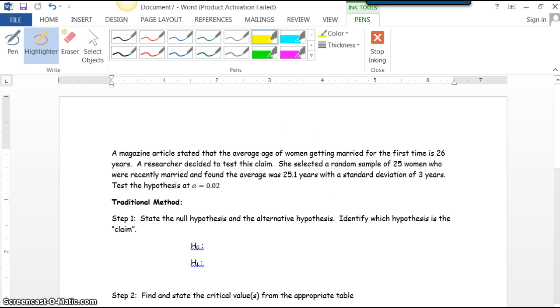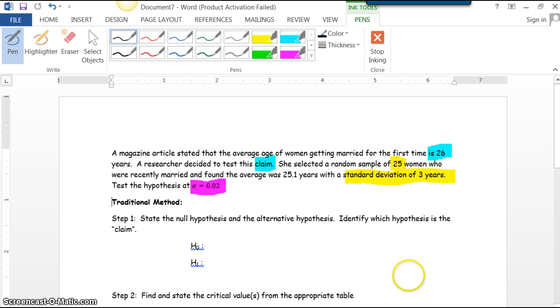In this problem, the standard deviation is 3 years, and it appears that this is a sample standard deviation based on these 25 women. And so for that reason, we will be using the t-table. The level of significance is 0.02. And it appears that the claim that they're trying to test is that the average age is 26.